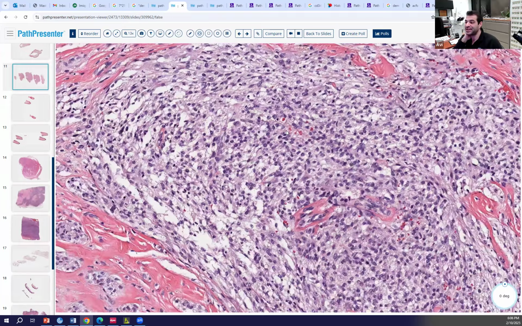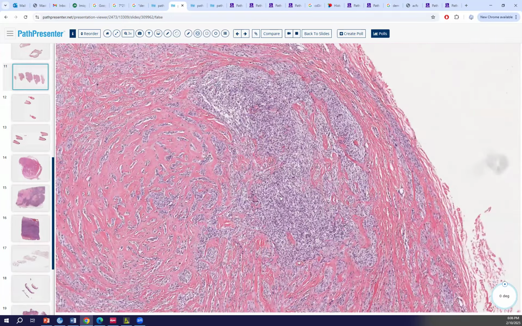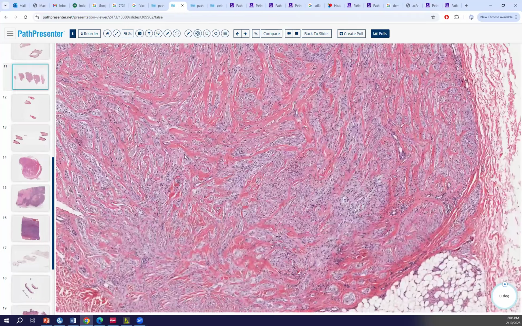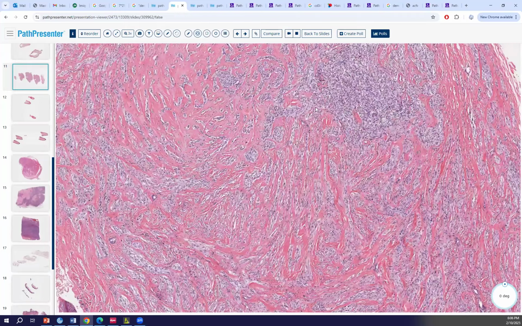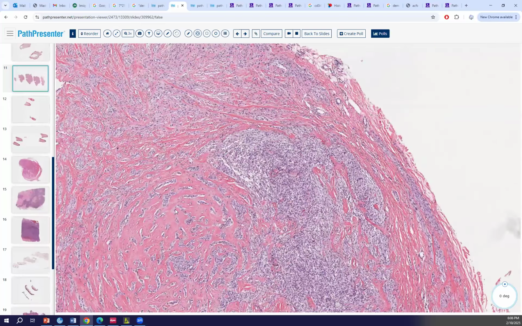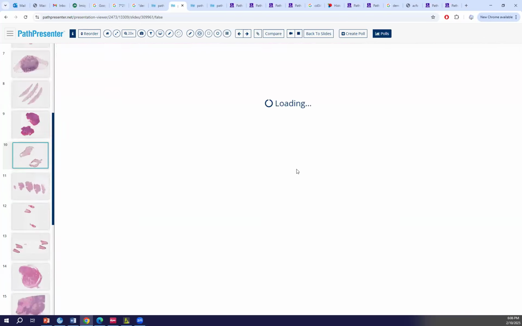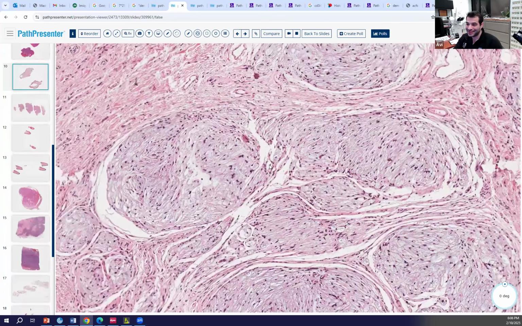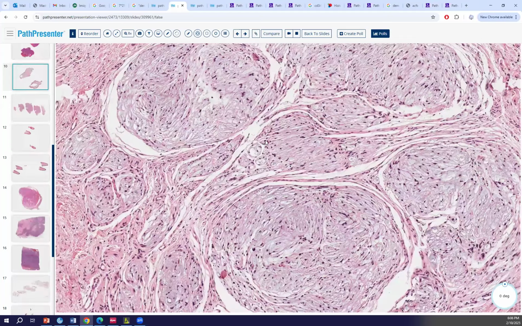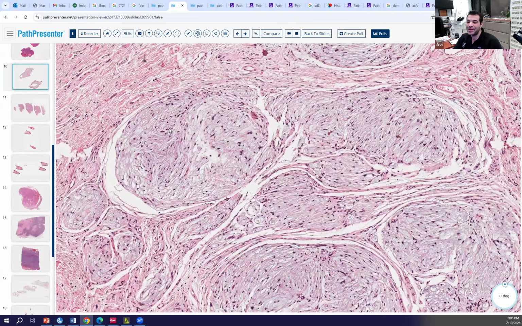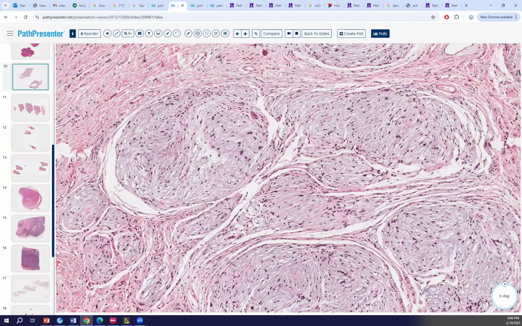They're not as myxoid as their counterpart, which is, by the way, what's their counterpart? The cellular neurothekeoma. This is the cellular neurothekeoma, so the other is the myxoid neurothekeoma.